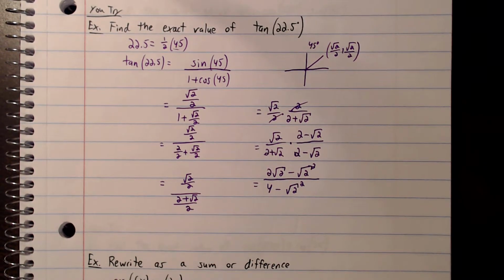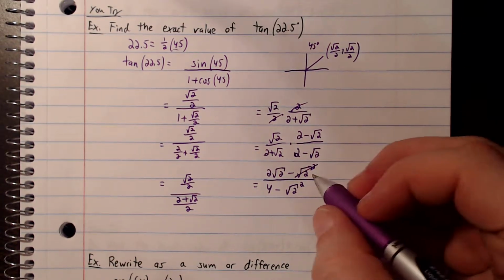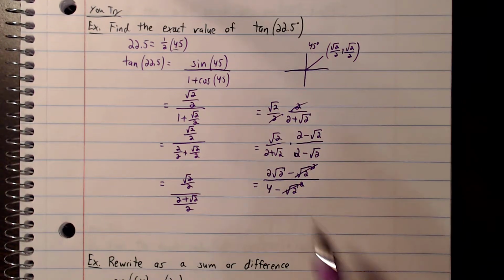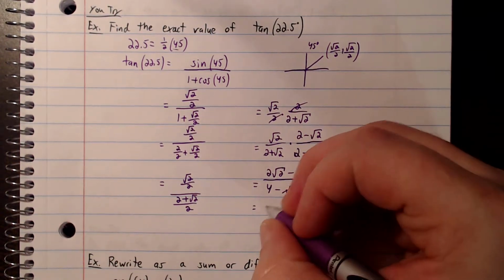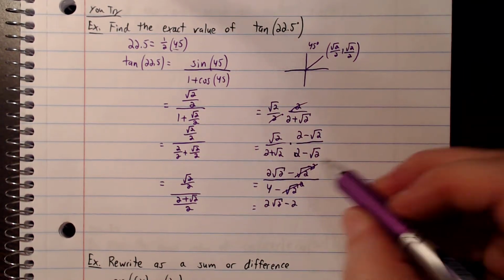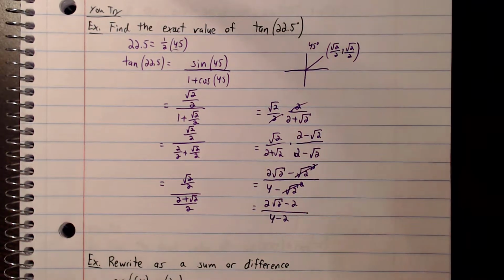Watch what happens to all of our radicals. Right? That goes away on top, leaving us with 2. But more importantly, the radical on bottom goes away. So what do we have? We have 2 root 2 minus 2, right? Those radical and squares canceled. And then we've got 4 minus 2. We're almost done.